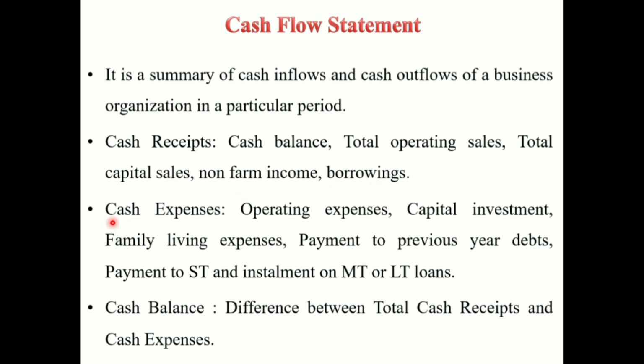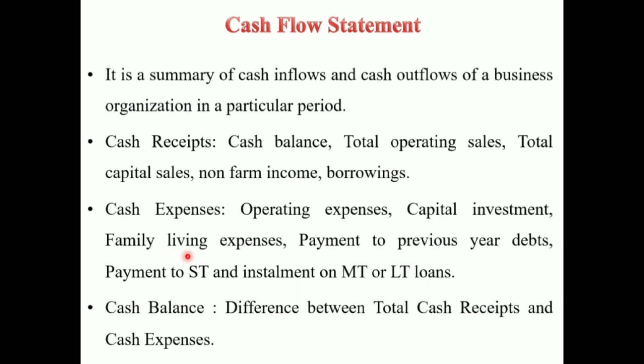Then cash expenses. First is operating expenses, which are the expenses incurred on the farm operations, that is for cultivation of kharif crop as well as rabi crop or dairy cattle. Capital investment is the investment on the dairy cattle or any other special investment.